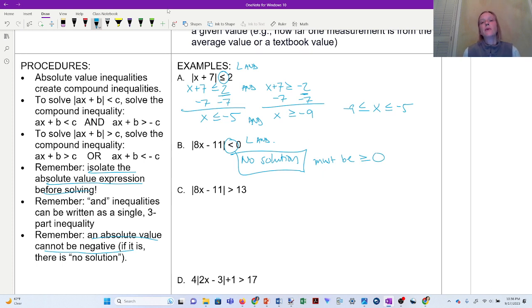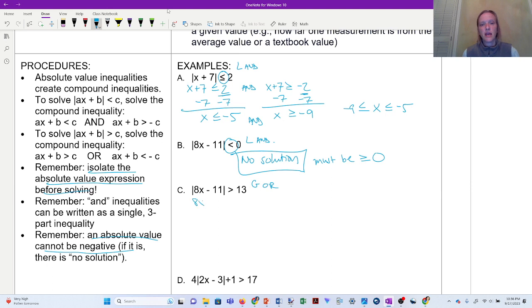So let's look at one that we can solve. How about the absolute value of 8x minus 11 is greater than 13? Here we've got a greater than sign, and so we're going to use the or conjunction to create a compound inequality. So for this example, again, we already have our absolute value expression isolated all by itself on one side of the equation.